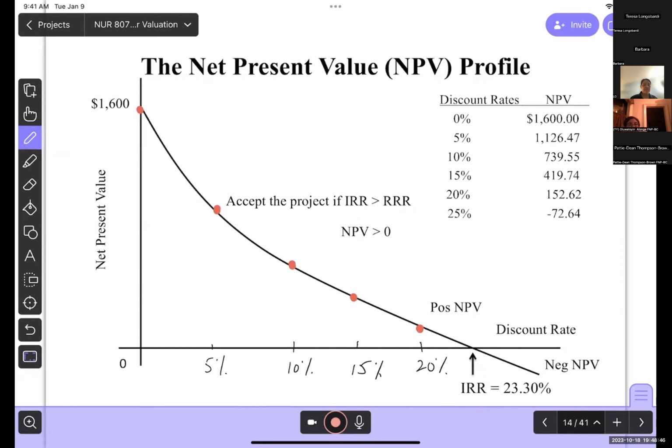Notice I didn't even have to write it down. I tried a bunch of different ones and found out that I will accept the project as long as my required rate of return is lower than 23.3. So it gives me a whole range of values to pursue the project. So what is the reality of that?